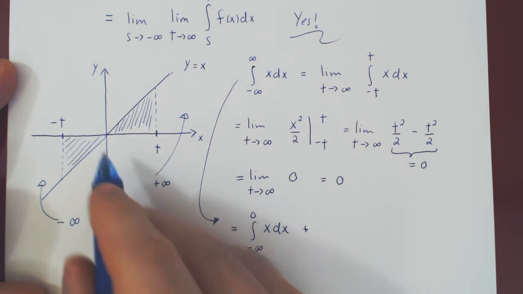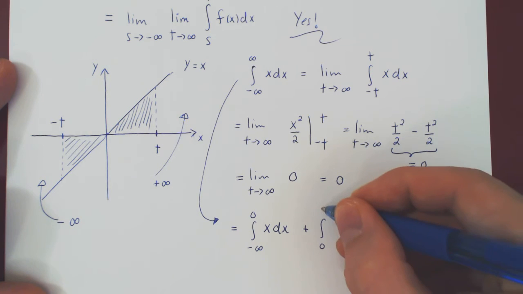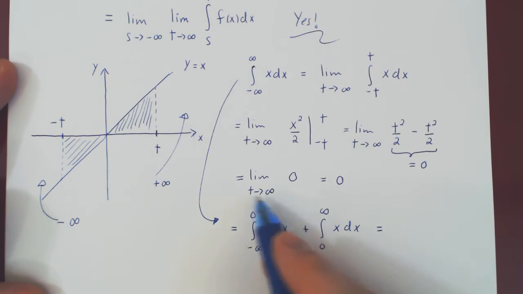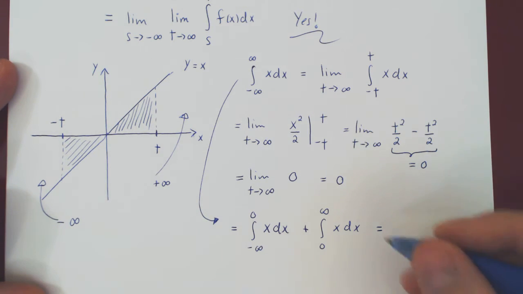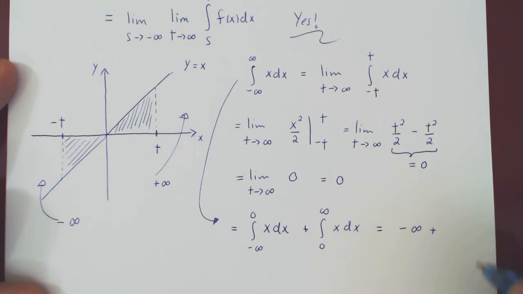And then plus, we'll add what's left over from 0 to infinity. But as we said, it's clear that this, you can evaluate if you want, will equal negative infinity, plus this, which is the area of this region now, will equal positive infinity. And that's where the problem is.